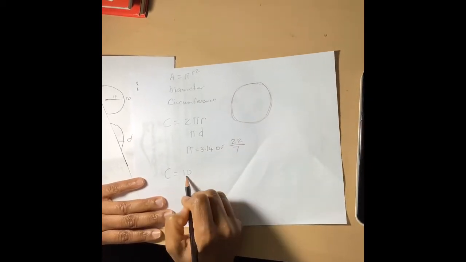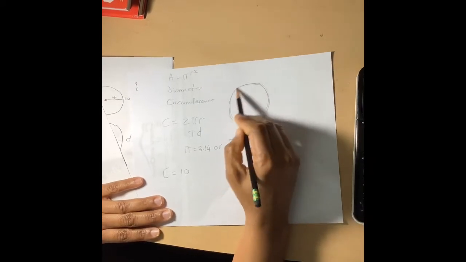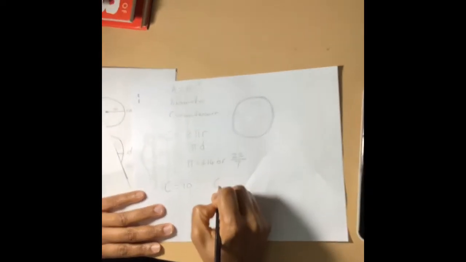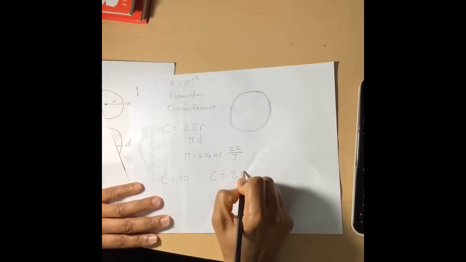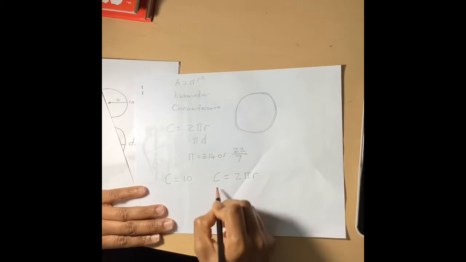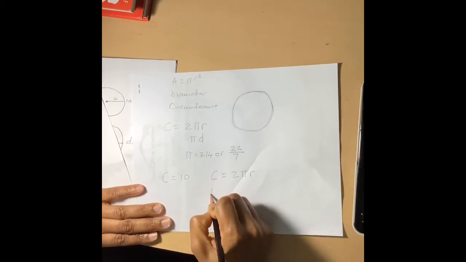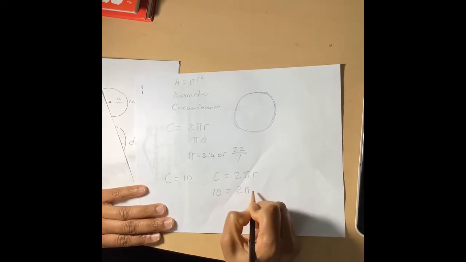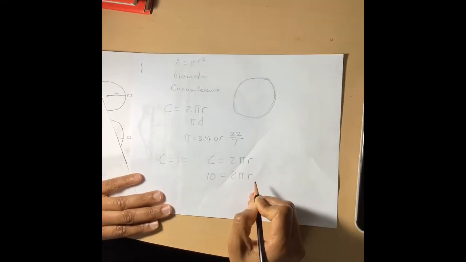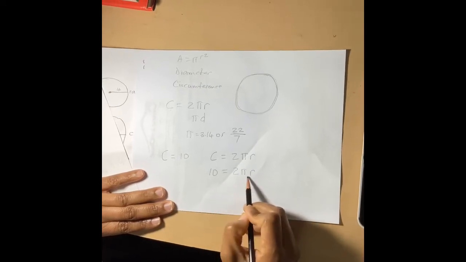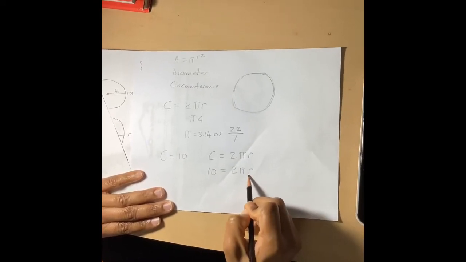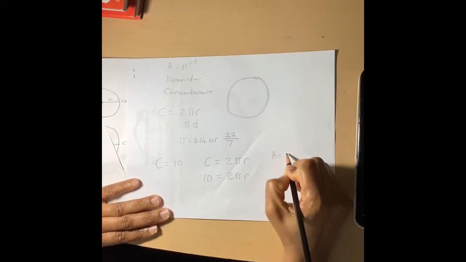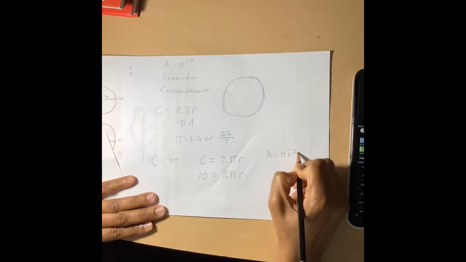So we're going to use this formula, C is equal to 2 pi r, and here C is 10, so 10 is equal to 2 pi r. We basically need to know what the radius is, since the area is equal to pi r squared.